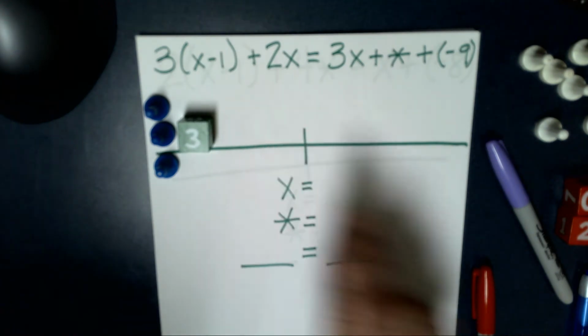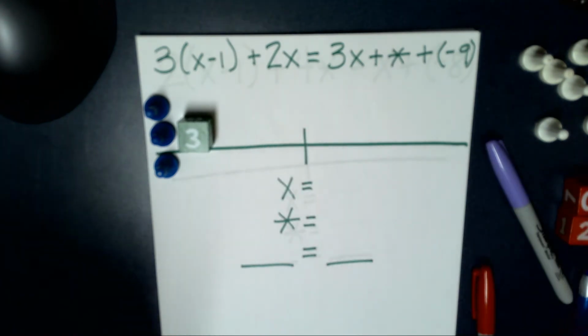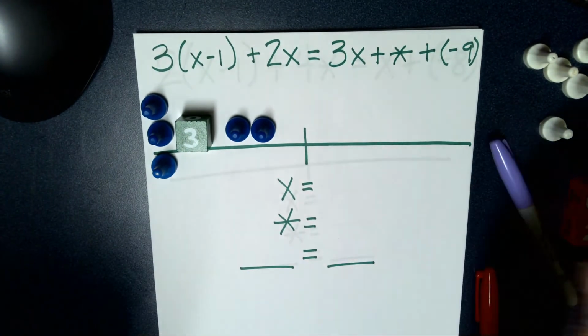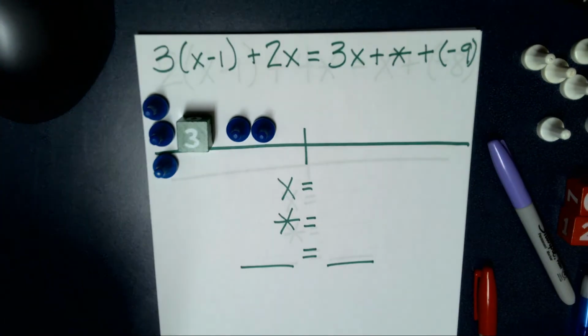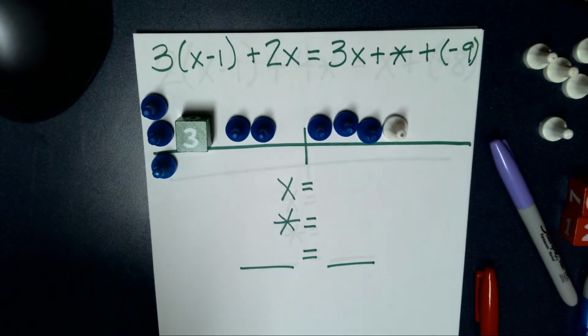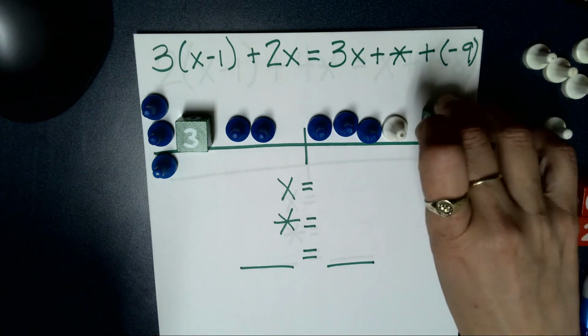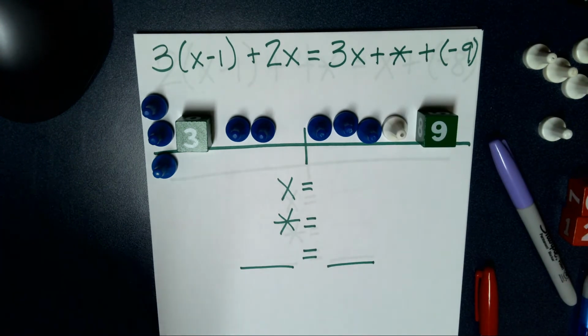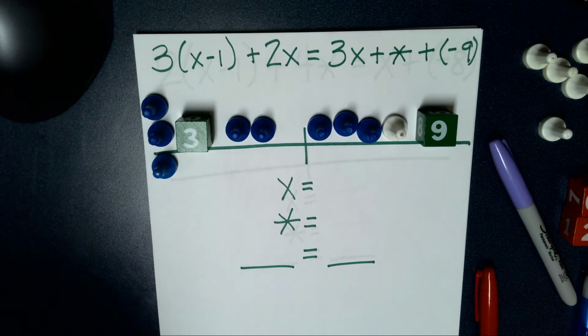Now we have 2 pawns. And on the right side we have 3 pawns and 1 star and the opposite of 9. Well, goodness, we have a lot here. The first thing I always look for is 0 pairs.